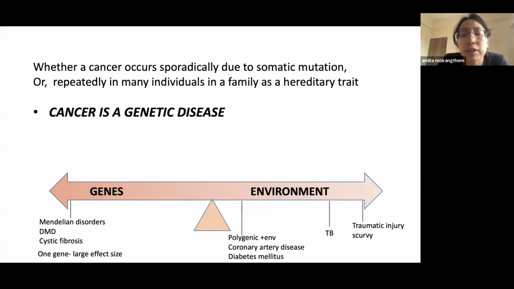But most of the disorders that we see are polygenic or multifactorial, where the effect is caused by interactions of many genes and the modifying effect of the environmental factors, like for example ischemic heart diseases, diabetes, etc. So if we look at cancer, on one hand we have hereditary cancer syndromes which fall towards the Mendelian disorder, where the effect of a gene or a few genes is enough to cause the disease.